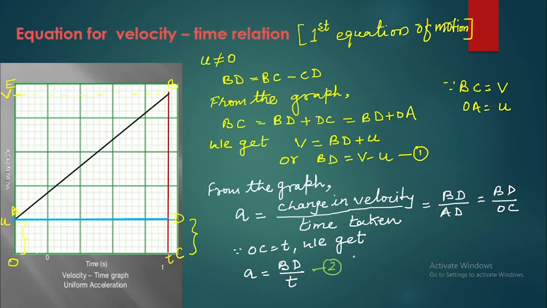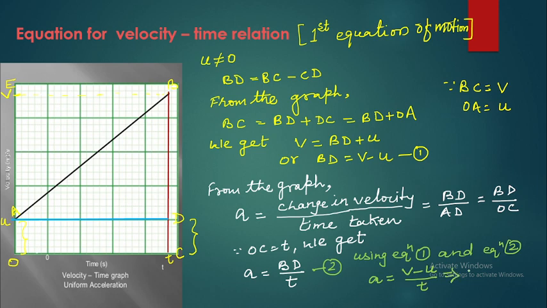Using equation first and equation second, a is equal to v minus u upon t.